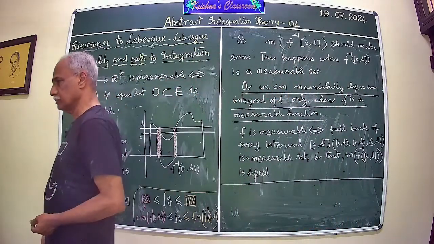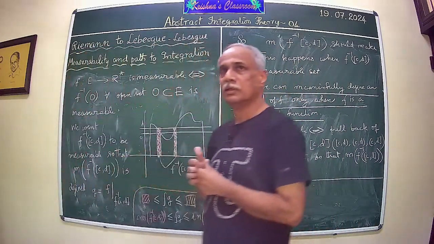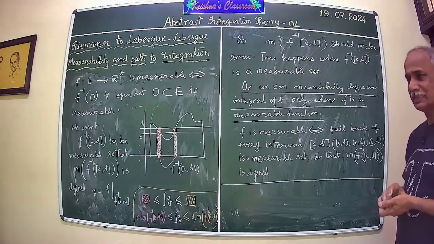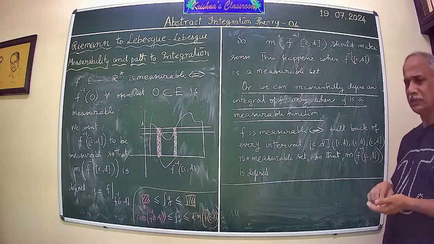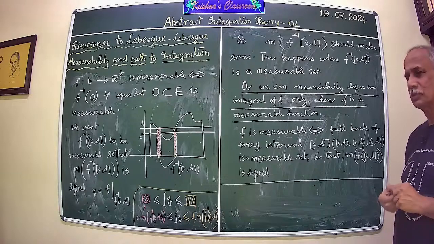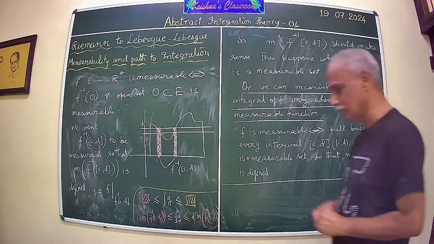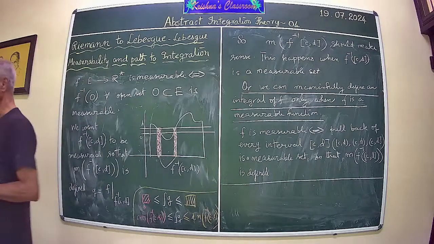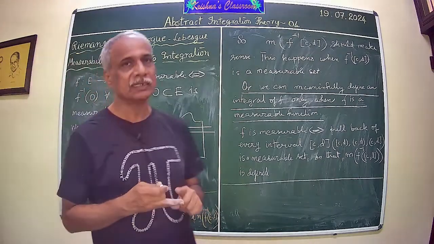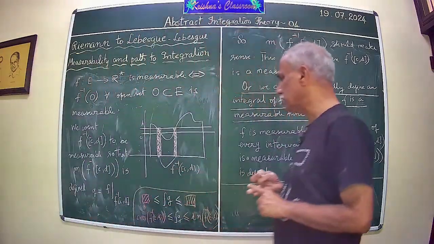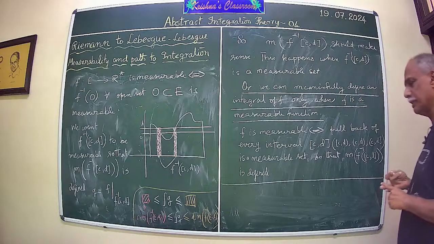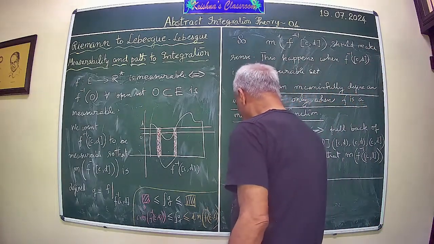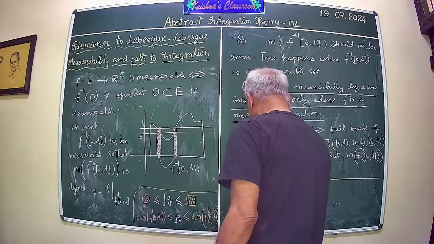Okay. Now, do we have a huge class of functions? First of all, you observe that all constant functions are measurable. Okay. Secondly, all functions which take finitely many values are measurable. All constant functions.